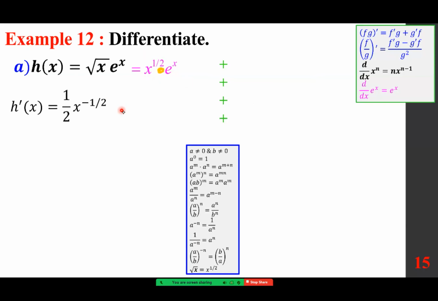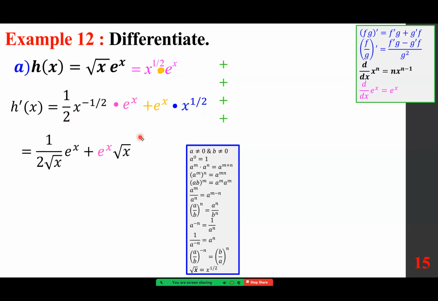Times g, which is e to the power of x, plus g prime f. The derivative of e to the power of x is itself, times x to the power of 1/2, or just square root of x, however you want to write that. You can even write square root of x right here. So this is square root of x, and everybody knows that. This is going down, x to the power of positive 1/2 becomes square root of x.